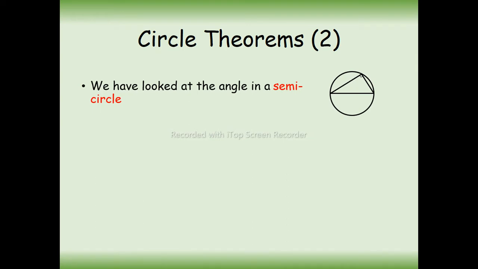Yesterday we looked at 2 theorems. We looked at the angle in a semicircle. If we construct a diameter, the diameter cuts the circle into two equal halves, and if we put a triangle inside this part of the circle, then this particular angle would be 90 degrees, and that's always the case.